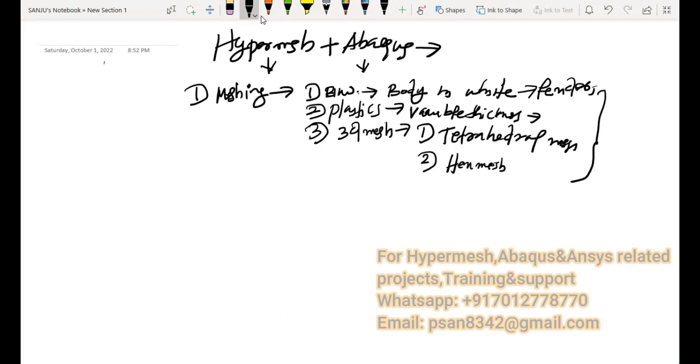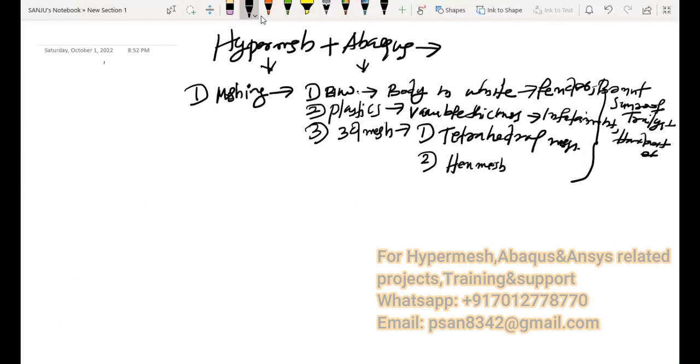Fender, then bonnet, sunroof, tailgate, etc. Plastics means infotainment, you might be knowing, and the dashboard and the rest.